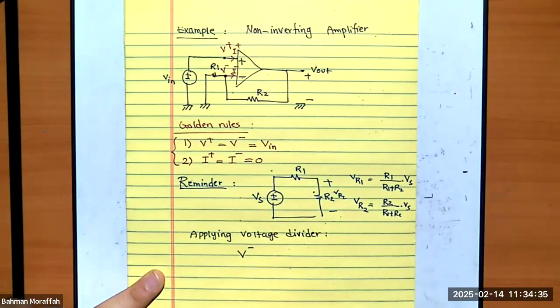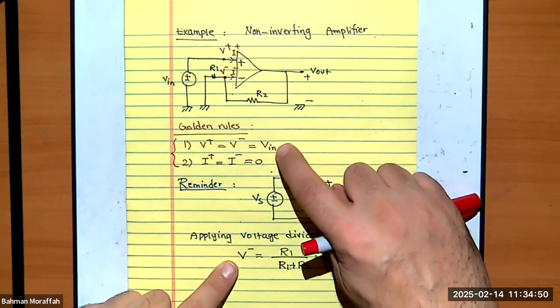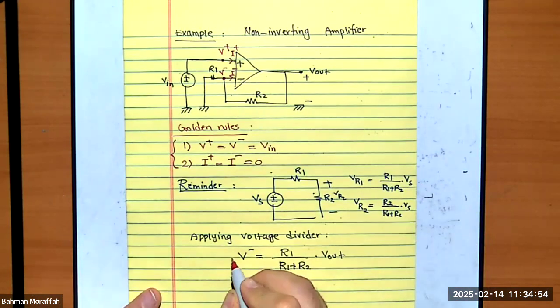I have V negative equals R1 divided by R1 plus R2 times V out. But what is V negative? We just said V negative is V input. So this guy is V input. And this is due to the golden rule.